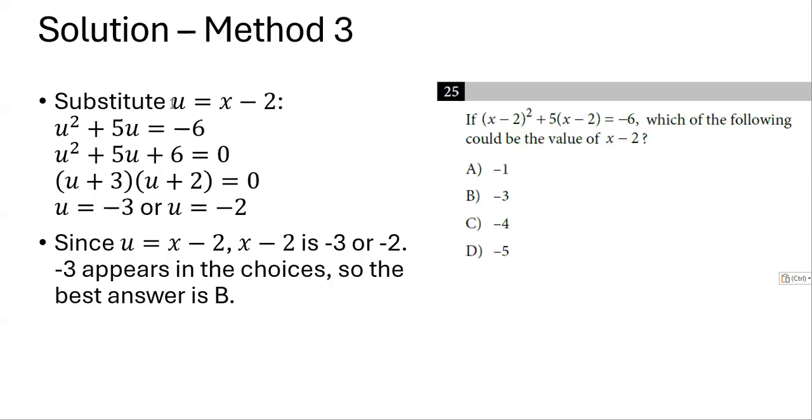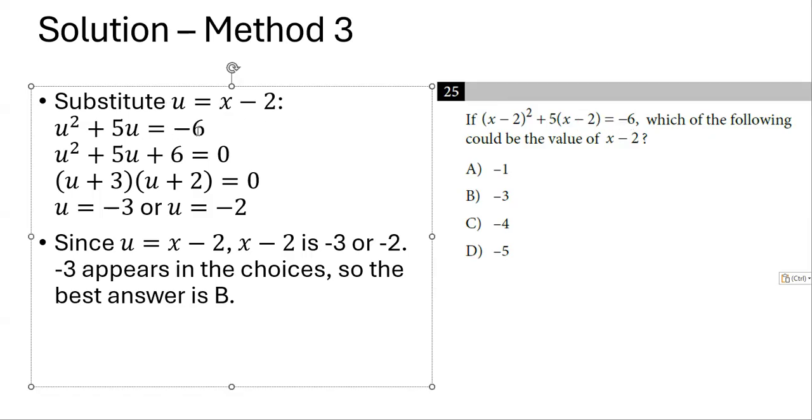So we make this little substitution. It's a very typical thing that we do in calculus and all that. Substitution changes something complex to something simpler because there are patterns. So let u be x minus 2, then it becomes u squared plus 5u equals negative 6.